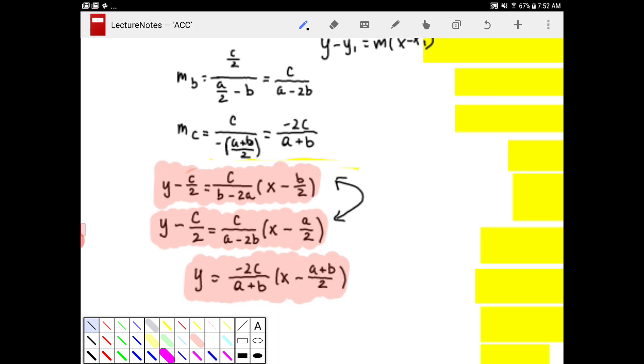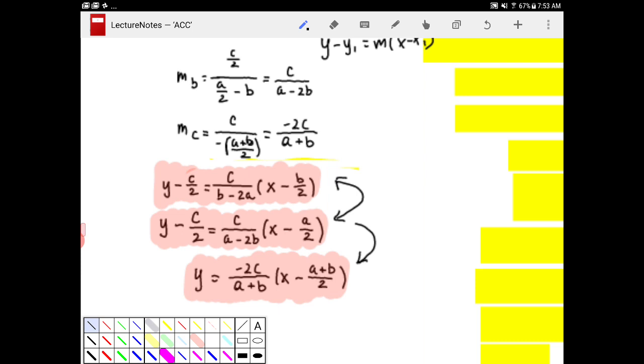Once I equate the two lines, I can then solve for the x-coordinate. And when I solve for the x-coordinate, I can then solve for the y-coordinate. I can then perform a substitution and place it into that last equation. So that is the approach that I'm going to take here.